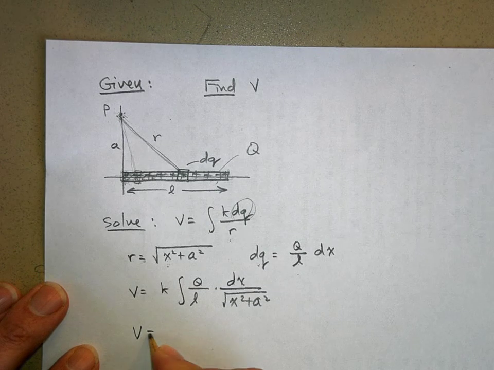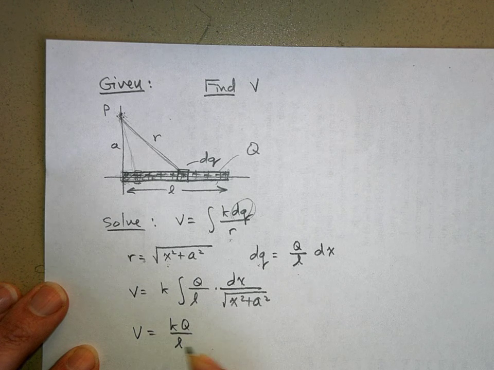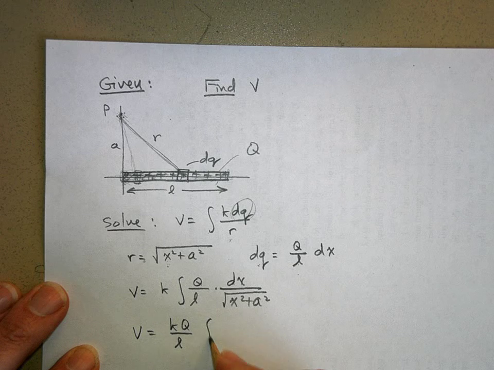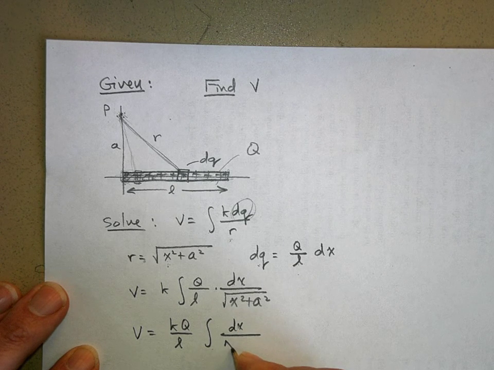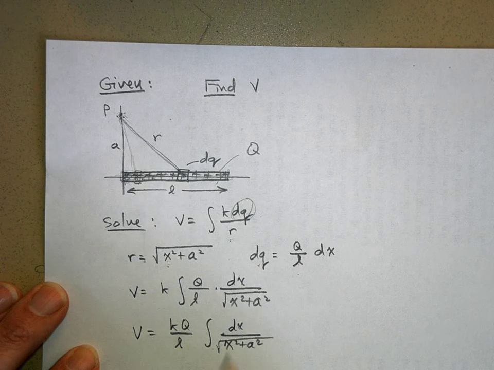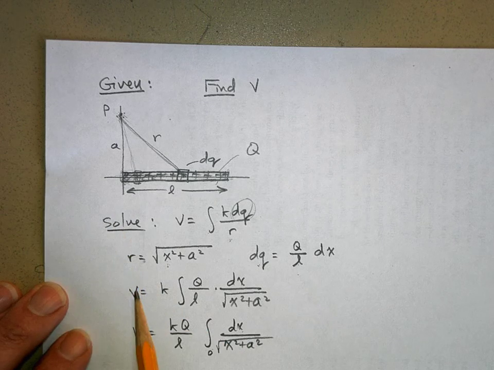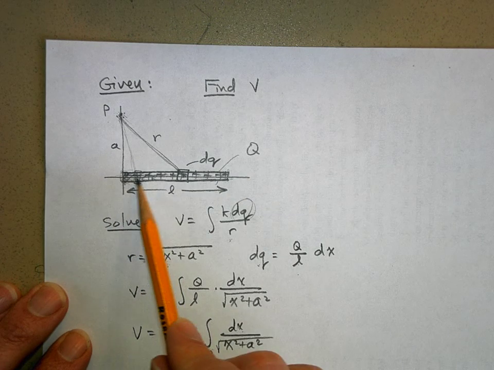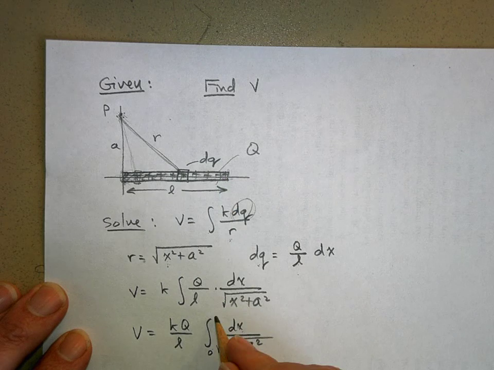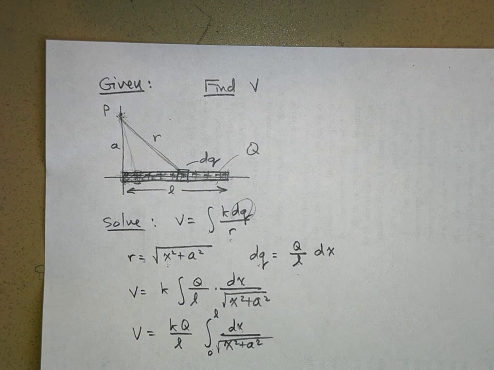V is equal to kQ over L times the integral of dx over the square root of x squared plus a squared. Now, where does x start? It starts at 0. And where does it end? x ends at L. Now, what do we do now?